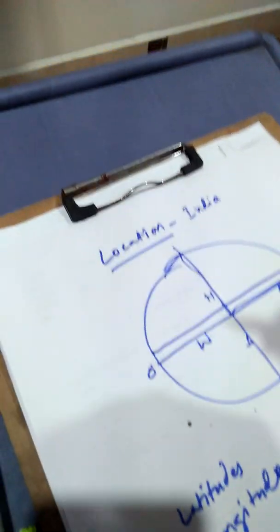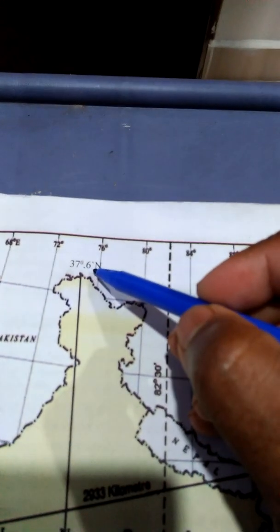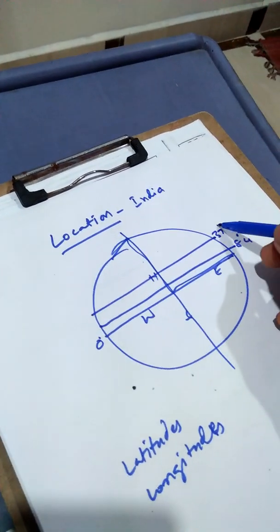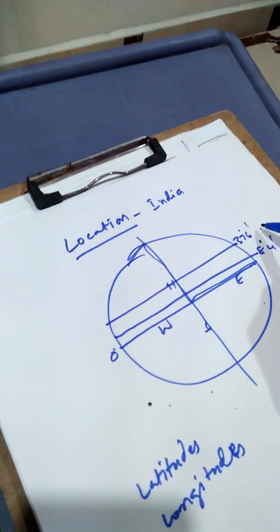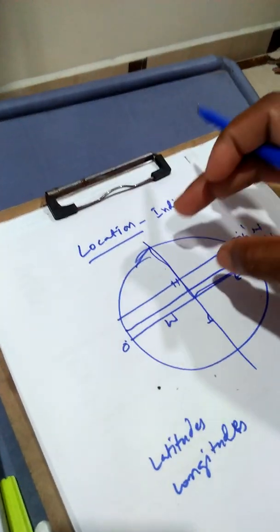And here, 37 degree 6 minutes north. In between these two, in the northern part of the earth, India is located.